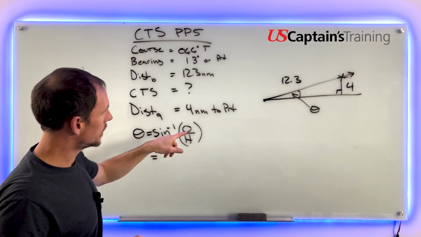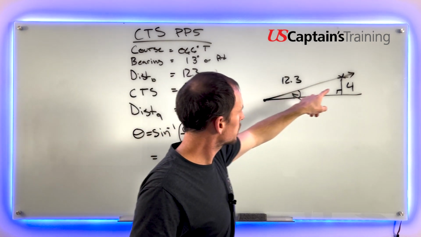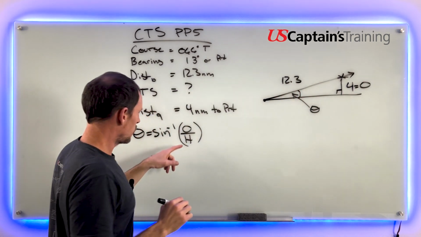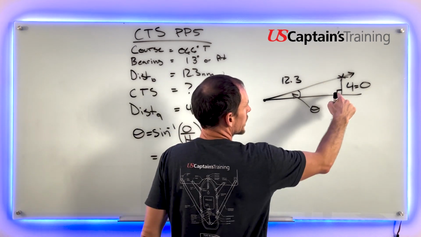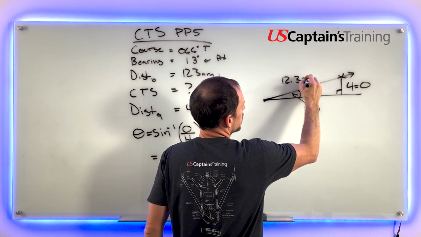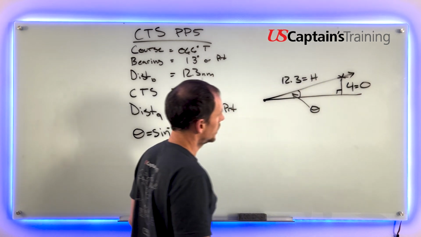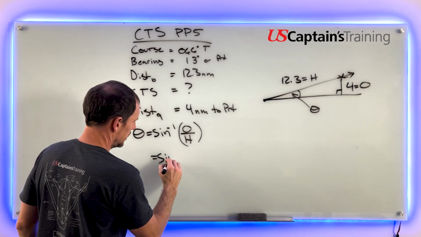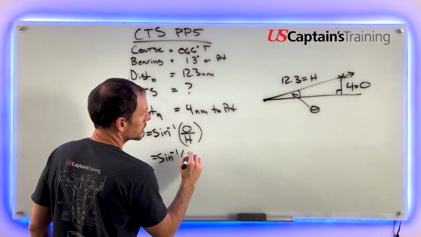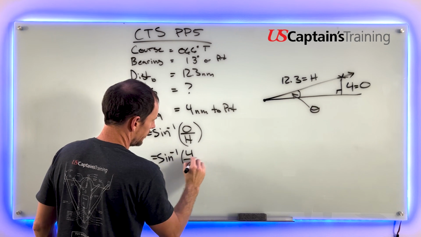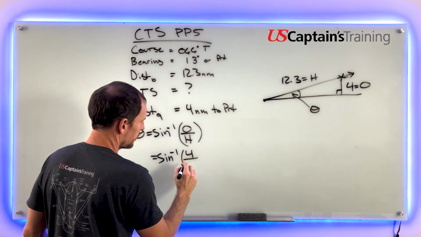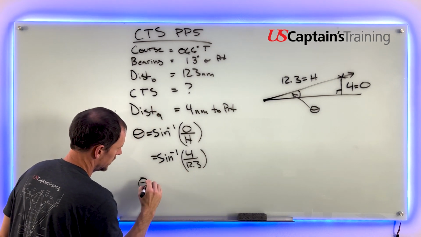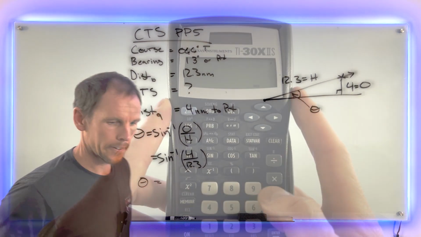Well, what's the opposite? It's relative to this angle. The opposite is 4. What is the hypotenuse? The hypotenuse is going to be across from the 90. It's this 12.3. Now we can plug those numbers in. We can say sine inverse of opposite 4 divided by hypotenuse 12.3. What does that equal? Let's plug it in our calculator.